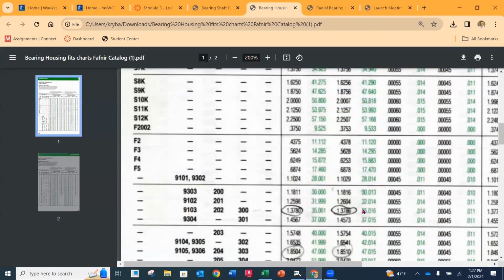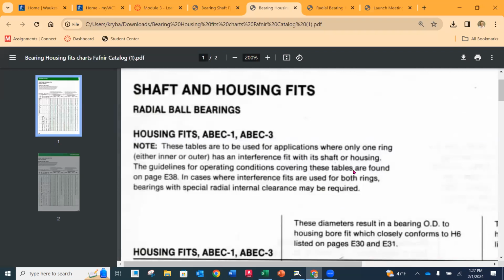So on the previous one, when we did the shaft rotating and the load stationary, I'm thinking of an example like what we'll be using in the not too far future, a gear that's going to be mounted on a shaft. So even though technically the gear is rotating around, the point of engagement is stationary, but the shaft would be rotating. Does that make sense?